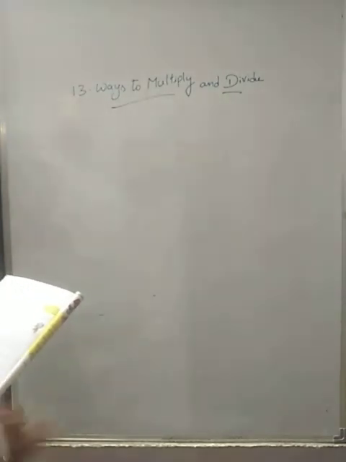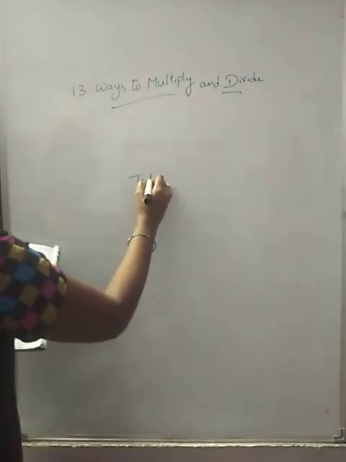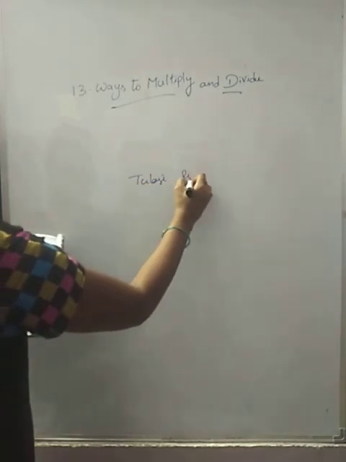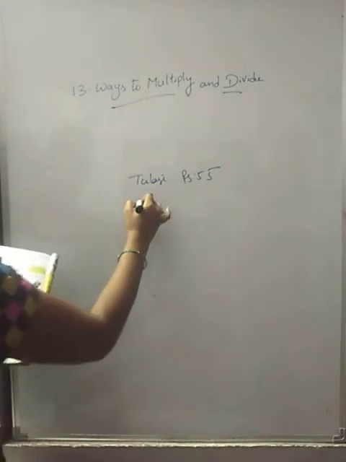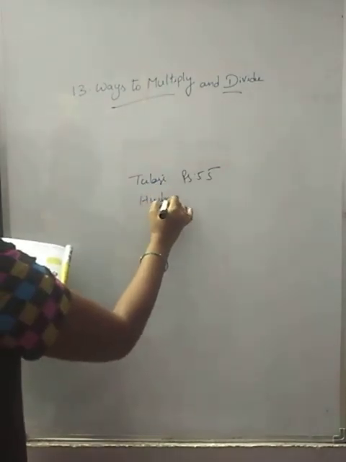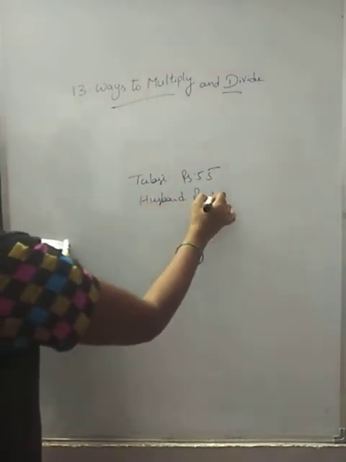Actually, the government said that the farm worker should be paid at least 71 rupees for 1 day, but they are paying somewhat less. For Tulasi, 55 rupees, and to her husband, 58 rupees. Here they are asking some questions.